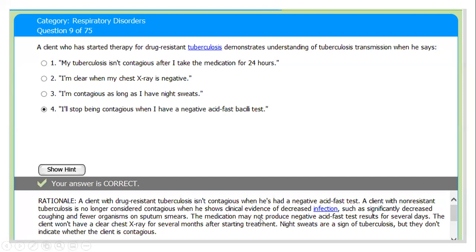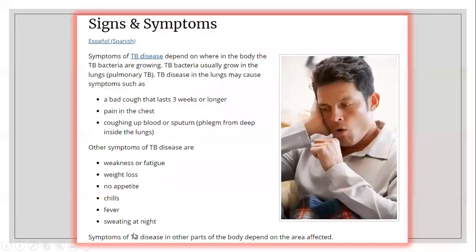The medication may not produce a negative acid fast test result for several days. The client would not have a clear chest x-ray for several months after starting treatment. Night sweats are a sign of tuberculosis, but they do not indicate whether the client is contagious.